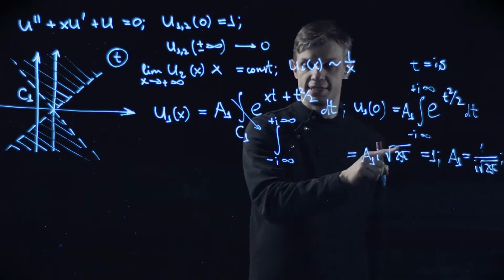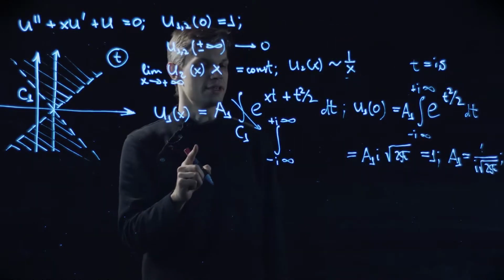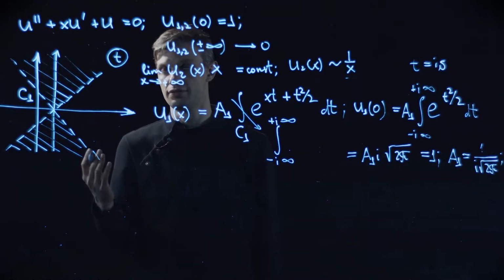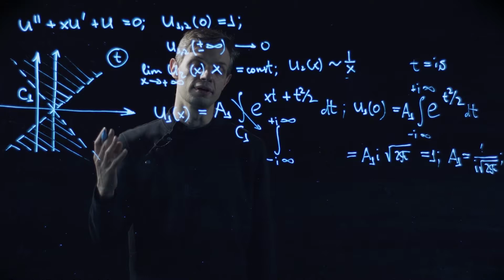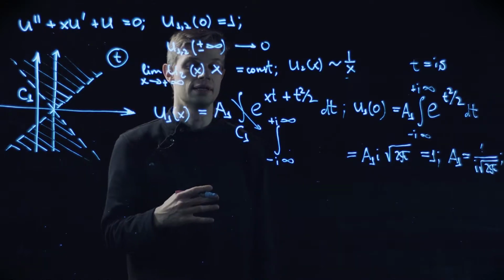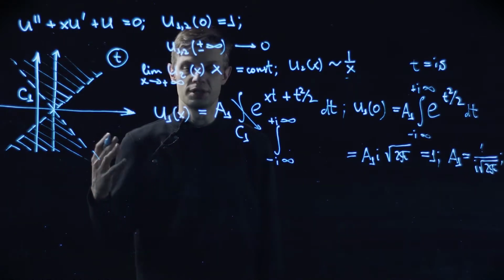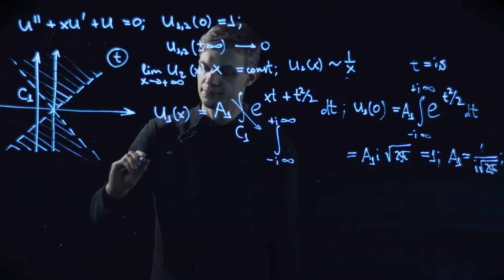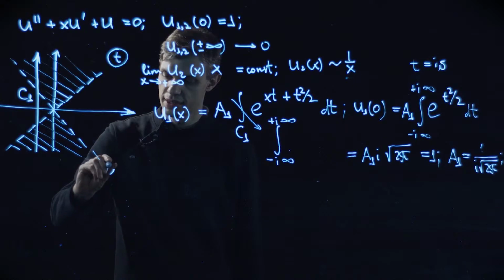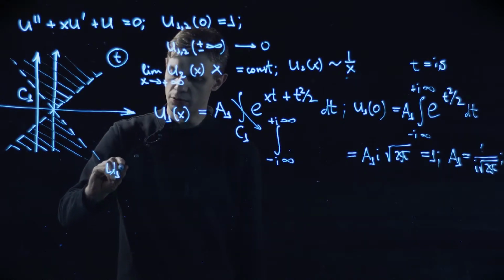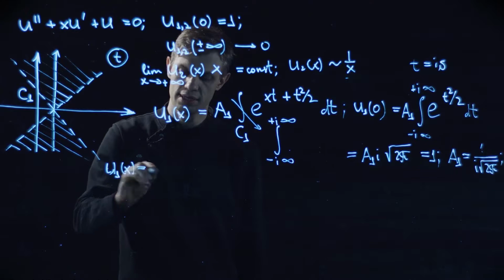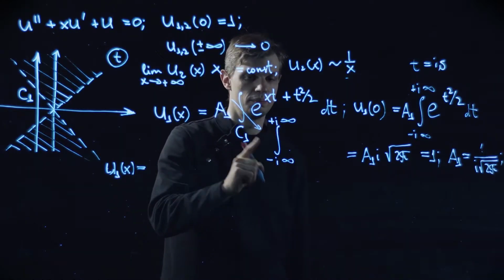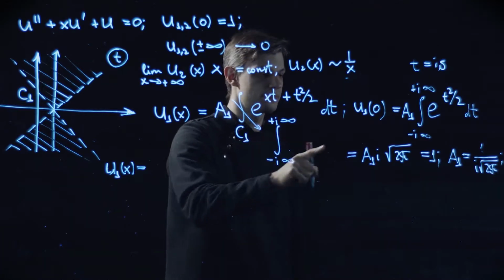Right, once we have fixed this constant, let's figure out if we can actually take this integral exactly. Sometimes it's possible. In most cases, unfortunately, it's not. In that case, our goal would be to find some characteristic asymptotic behavior of our solution. Okay, let's write down the exact integral. So u1 of x is now equal to the integral from minus i infinity to plus i infinity with that constant.